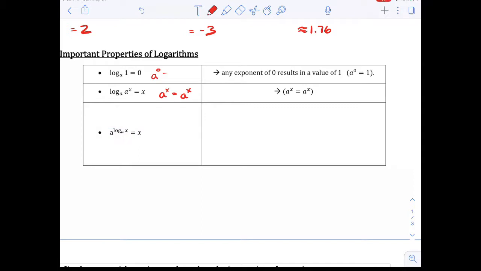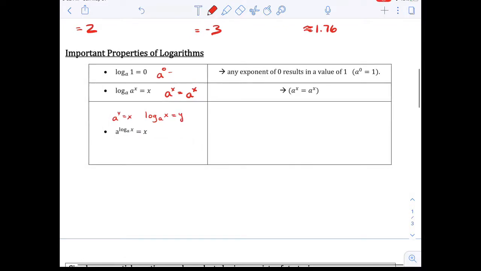Why is that true? Well, this here is technically written in exponential form because it's a to the power of something that has a log in it. But I'm going to take that exponential form and write it in logarithm form. So let's suppose this was y is equal to a to the power of log_a x. If I wrote that in logarithm form, you know that's going to be log_a x is equal to y.